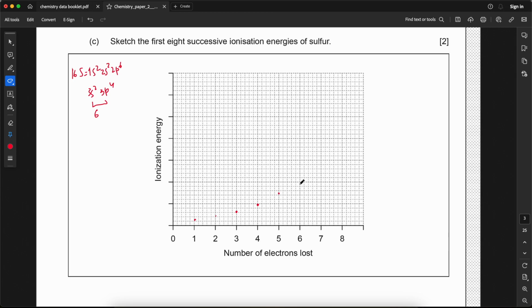And for the 7th ionization energy, there should be a jump, and for the 8th also.